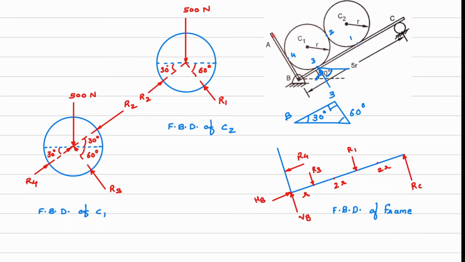Now we are drawing FBD of ABC frame. So this C1, its reaction will be in this direction, so this will be R4. Okay, this will be R3. Here we will have R1. And last, there will be only one reaction at point C because this is roller support, RC.